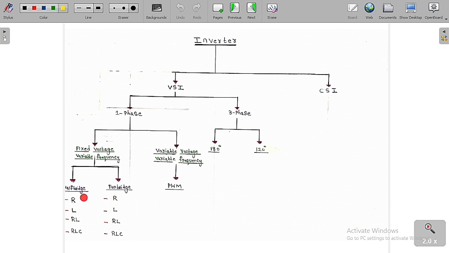In the half bridge we study R load, L load, RL load and RLC load, and for full bridge also R load, L load, RL load and RLC load. For variable voltage and variable frequency, we are going to study PWM. For three phase, we study the 180-degree mode of conduction and also the 120-degree mode of conduction. And this is the current source inverter. All these things we are going to study one after another.